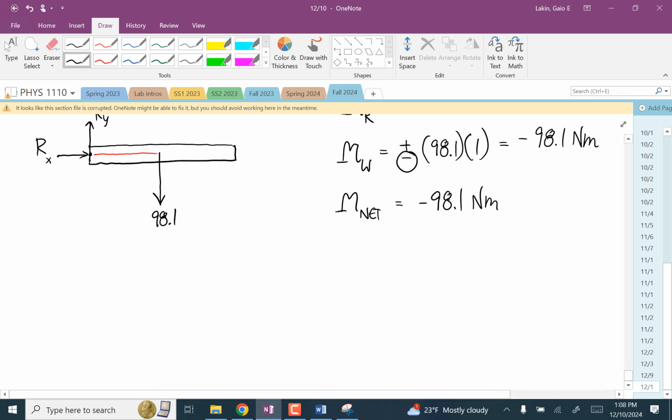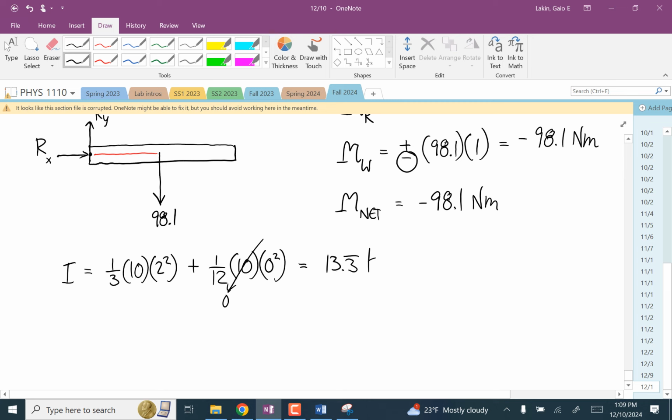Okay, so the moment of inertia is going to be 1/3 times the mass times the length squared plus 1/12 times the mass times the width squared, and I didn't even give a dimension. This is one of those cases where we're going to assume the width is 0, and so this whole second part goes away. And so we get 13.3 repeating kilogram meters squared.